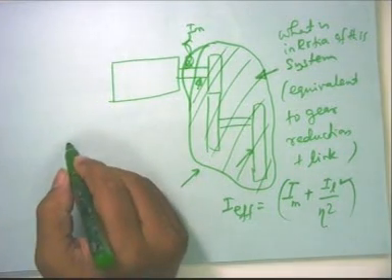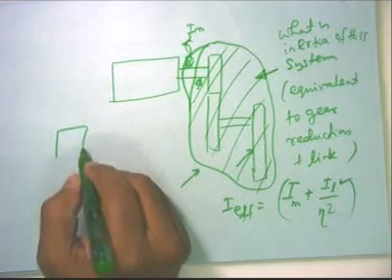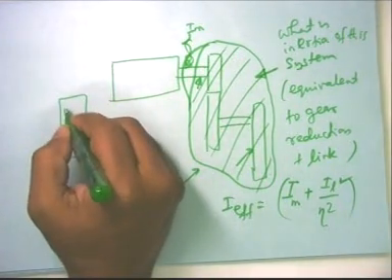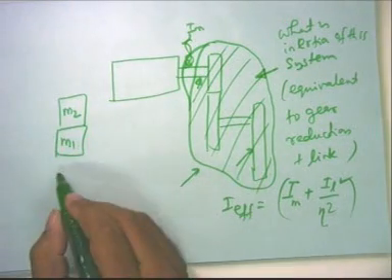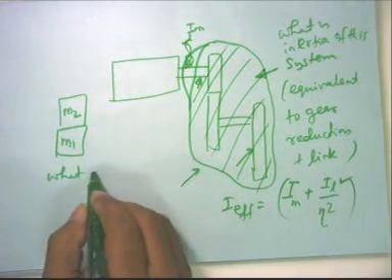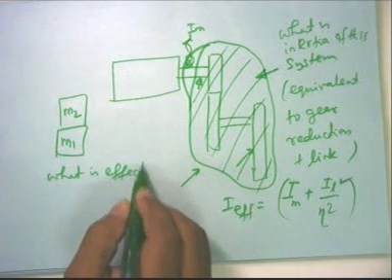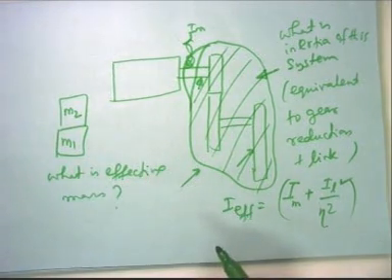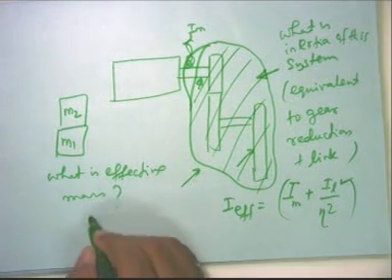Suppose you have a mass m1 here and I put a mass m2 on top of it. What is the effective mass? What is your answer? I think the sum of the two masses. Yes.